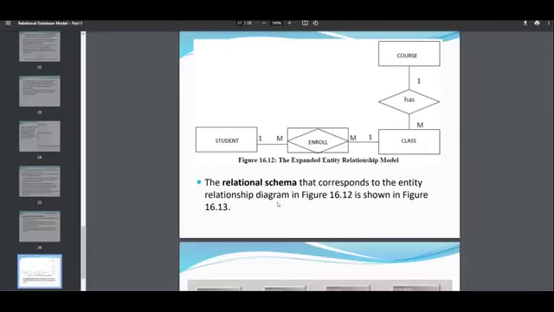Got that? You have to be careful whether there are composite entities or attributes, whether there are attributes for relationships. You already know that in most cases there are attributes in entities, but be careful.